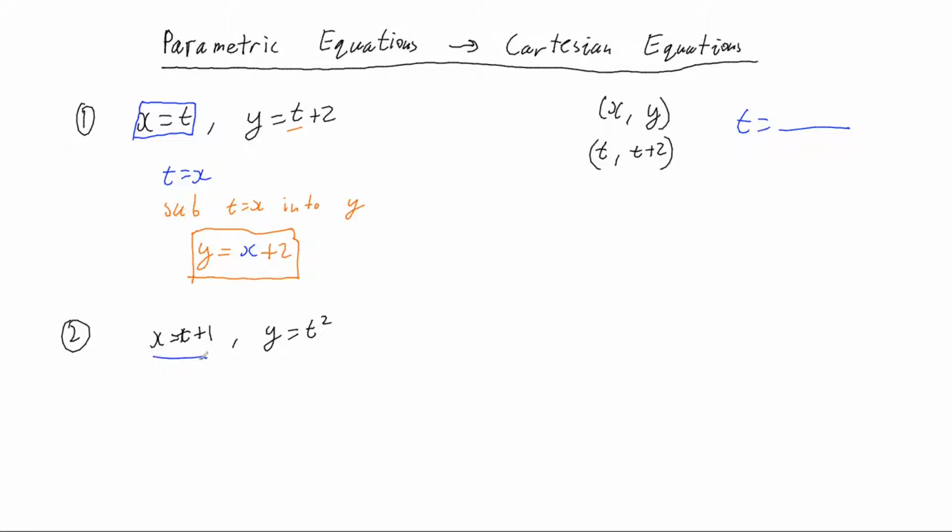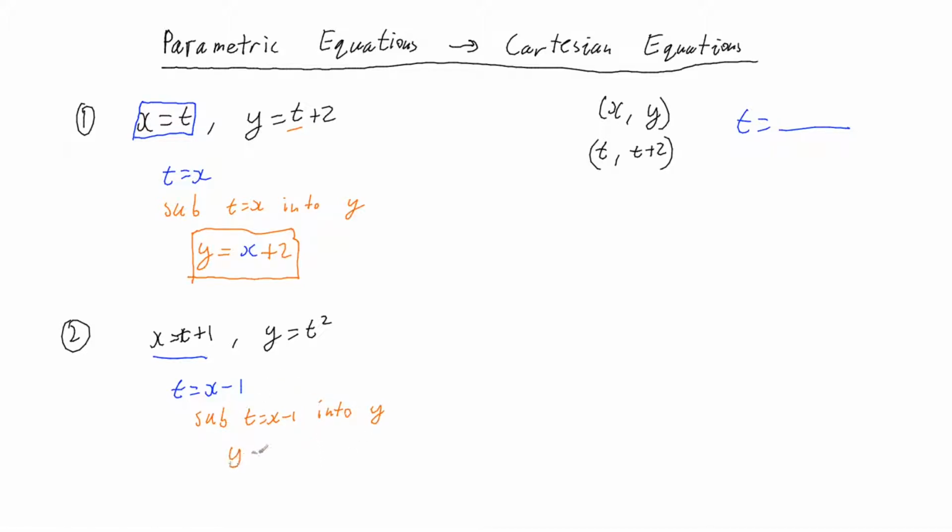I'm again going to pick the x equation because it's going to be easier to work with. So x equals t plus 1, which means that t is going to be x minus 1 if I subtract 1 from both sides of that equation. Then I can substitute t equals x minus 1 into my y equation.